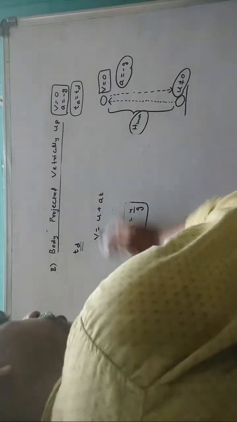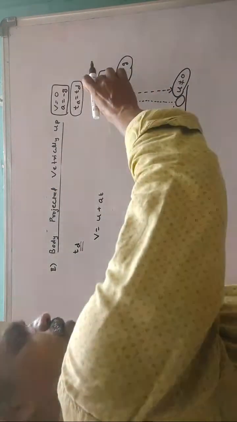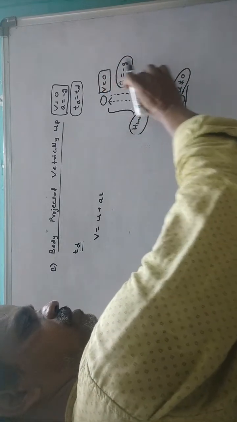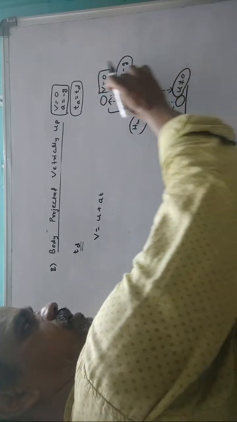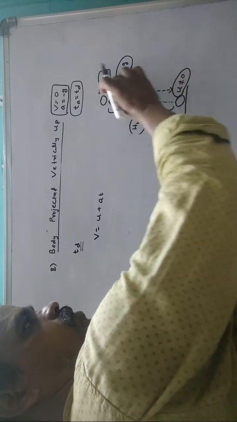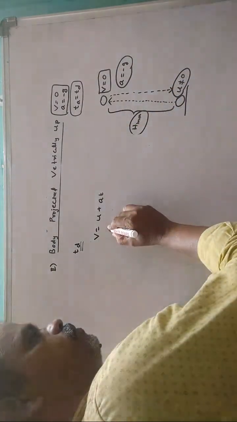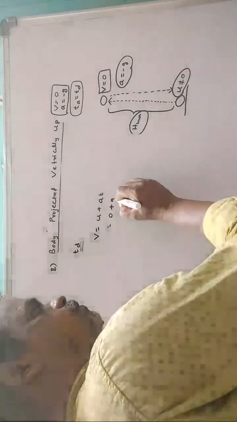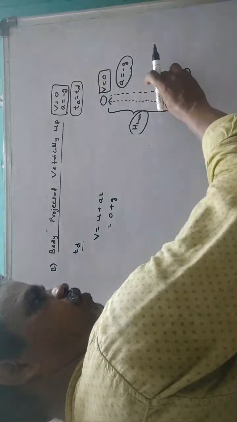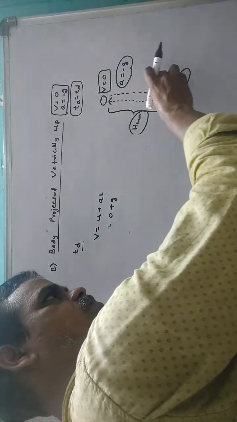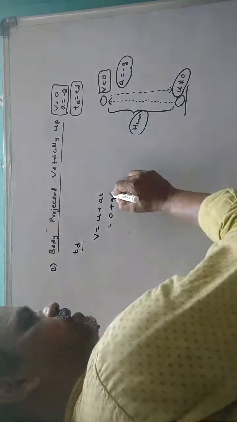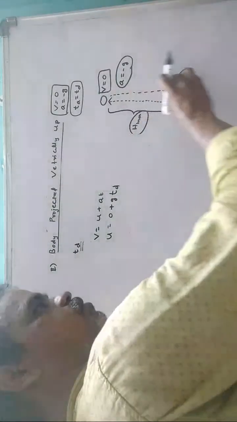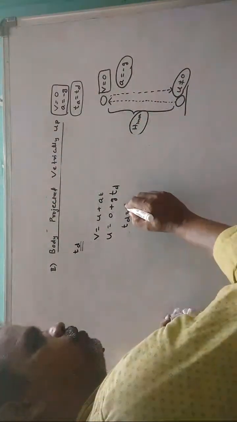So I will explain one more time. In the time of descent, the descending path, initial velocity is 0, and a equals plus g. Why? Because it is traveling downward and the force acting is also downward. So a equals plus g, v equals u, and Td equals u by g.